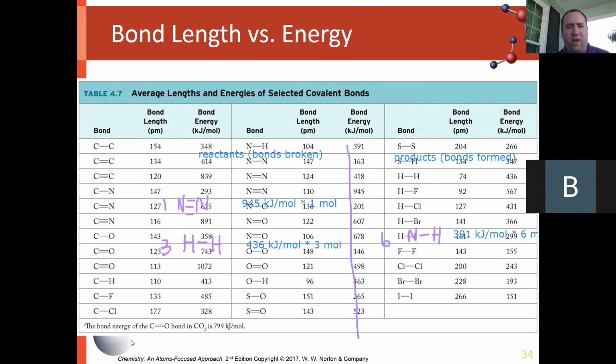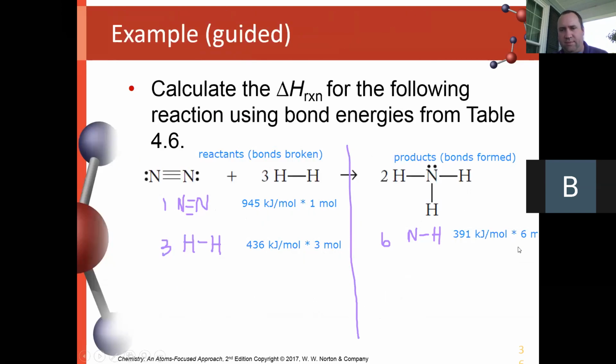So go back now to where I was, start adding together these values. On the reactant side, 945 plus 436 times 3 gives me a grand total of 2,253 kilojoules for the bonds that were broken.